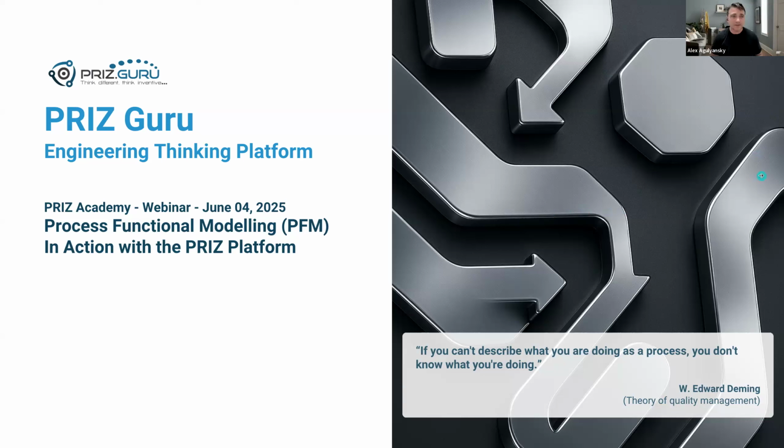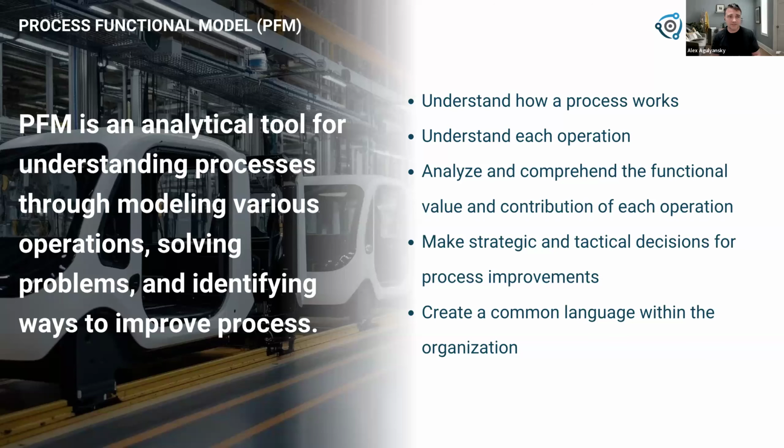Okay, so the process functional model is basically an analytical tool that helps us to understand the process. It models through various operations, helps us to solve problems, and identify ways to improve it. And this is just a subset, or I think the most important list of things, that we think is important to highlight about what the process functional model actually gives us.